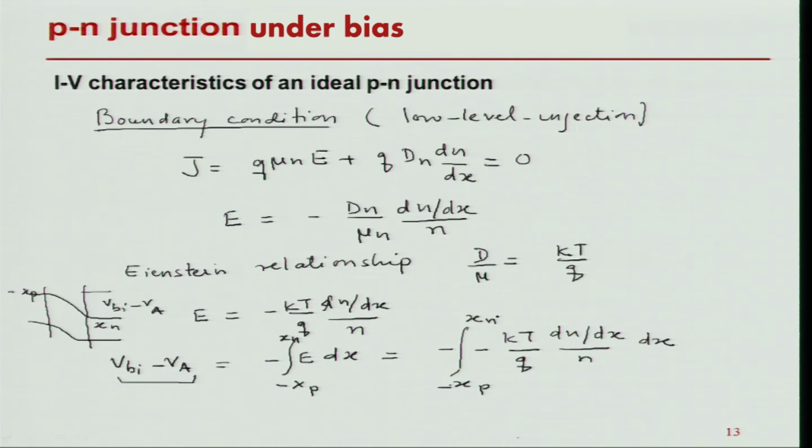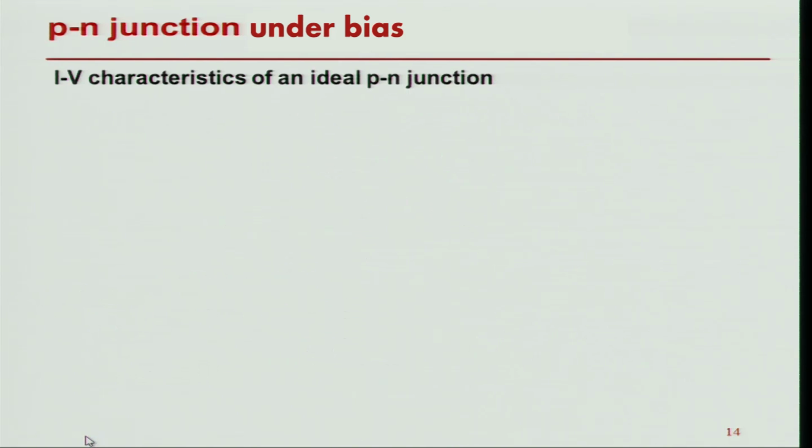So, let us solve this, and at the end we will get an expression which would relate V B I minus V A with the concentration of carriers at the edge of the depletion zone. So, this is the electron concentration in the n type region, and this is in the p type region.